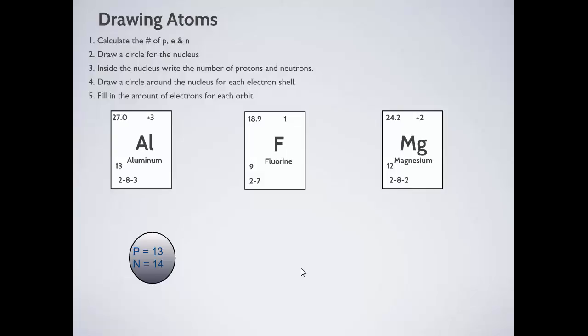Then we draw the orbits where you would find electrons in concentric circles around the outside of the nucleus. So first, in our first orbital, as it says in our electron configuration, there's 2 electrons. That first energy level is full once it has 2 electrons in it. That's all it can hold. So additional electrons go to the next level out.